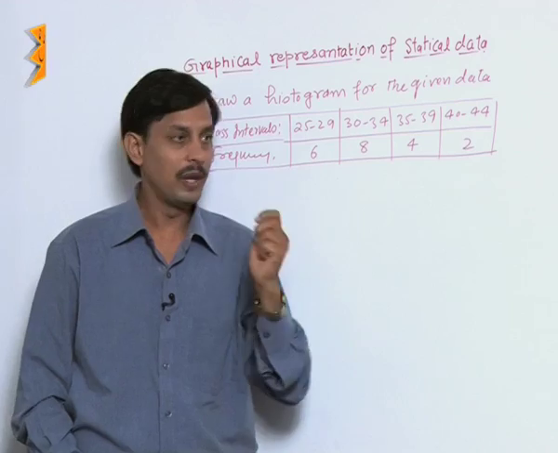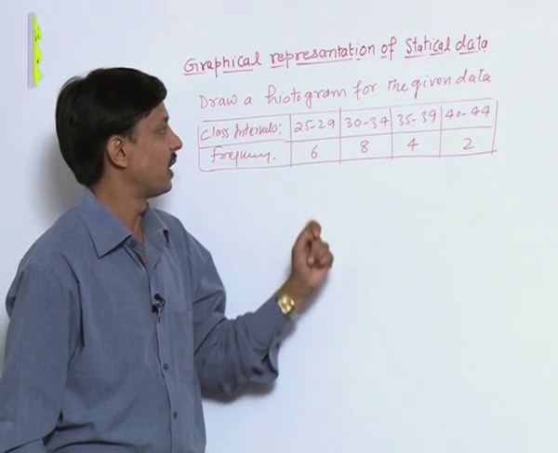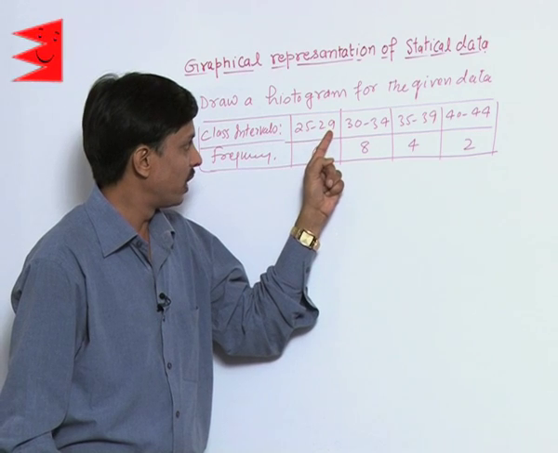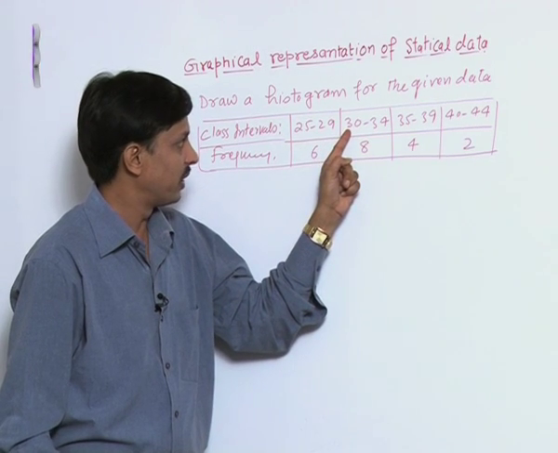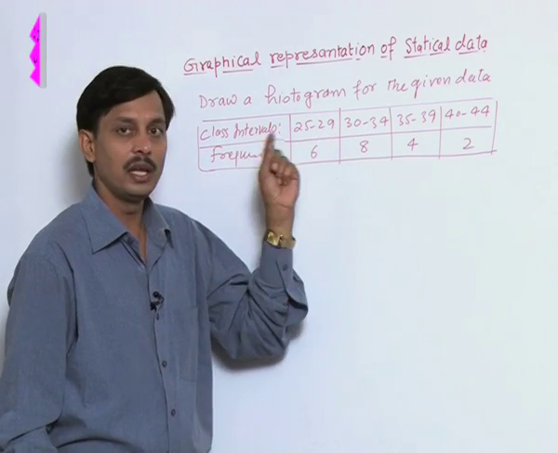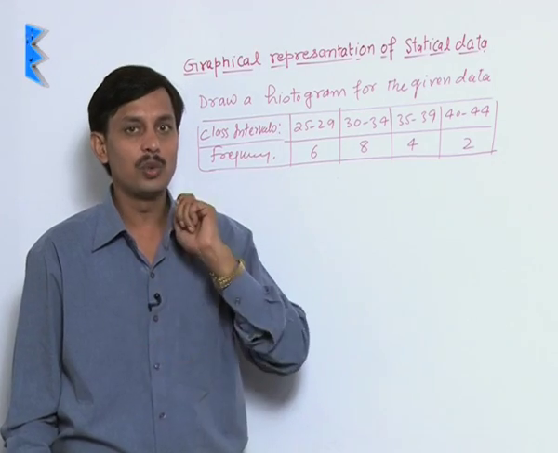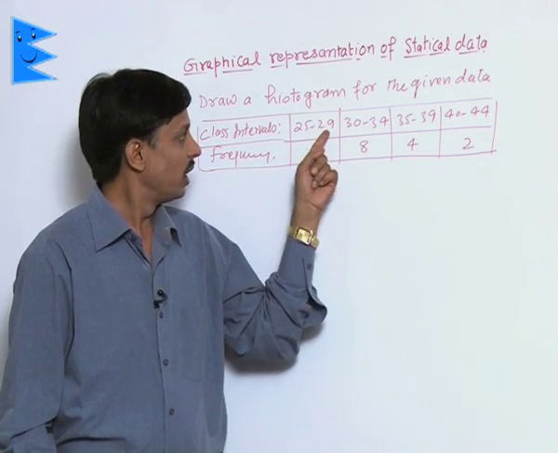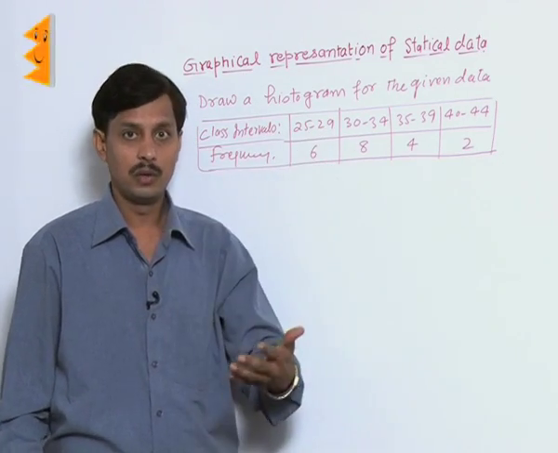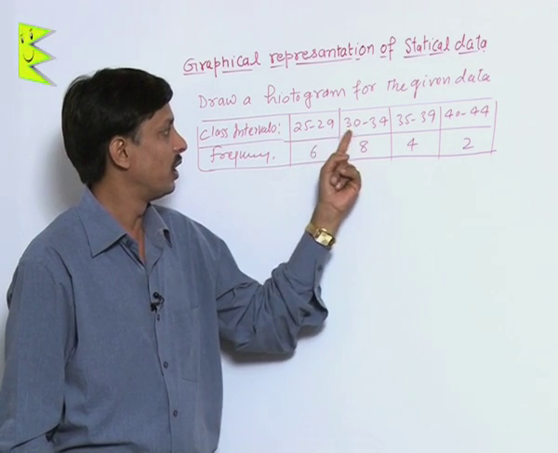Class intervals and frequencies. Class interval 25 to 29, frequency 6. Now this is 29, and this next one is not 29, this is 30. 30 to 34. That's why this kind of distribution is known as inclusive or discontinuous, because the bars are discontinued.